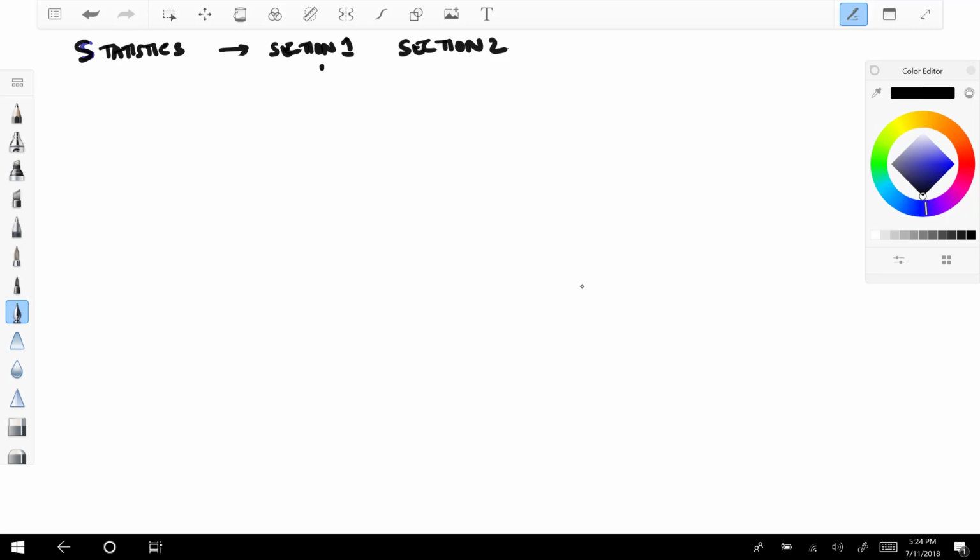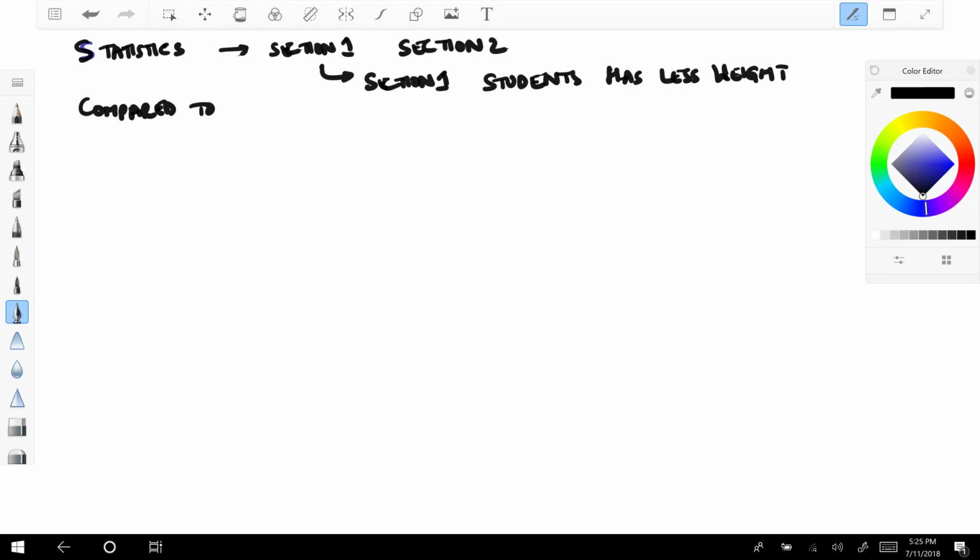Section 1 students have less weight compared to section 2. So that means I am claiming if section 1 the population mean is mu1, I am claiming mu1 is less than mu2.